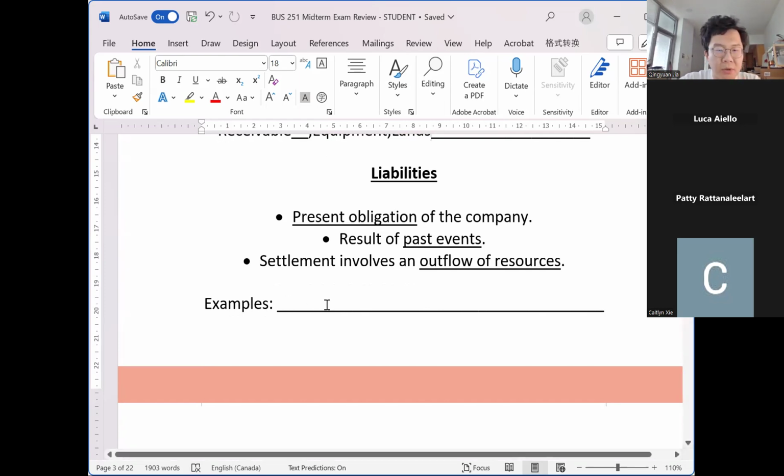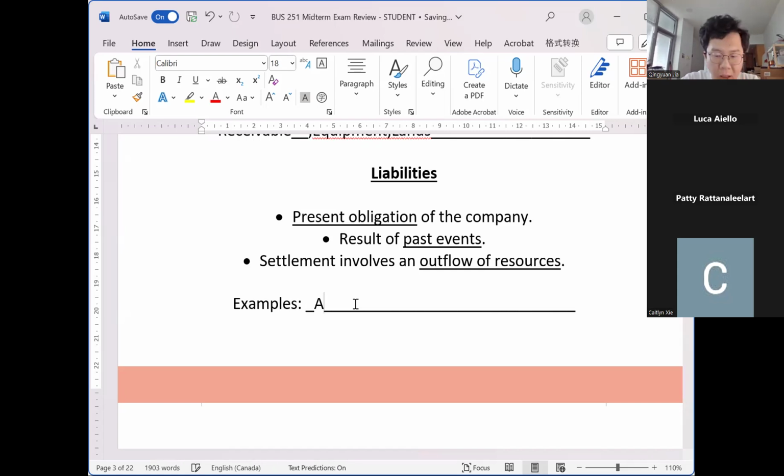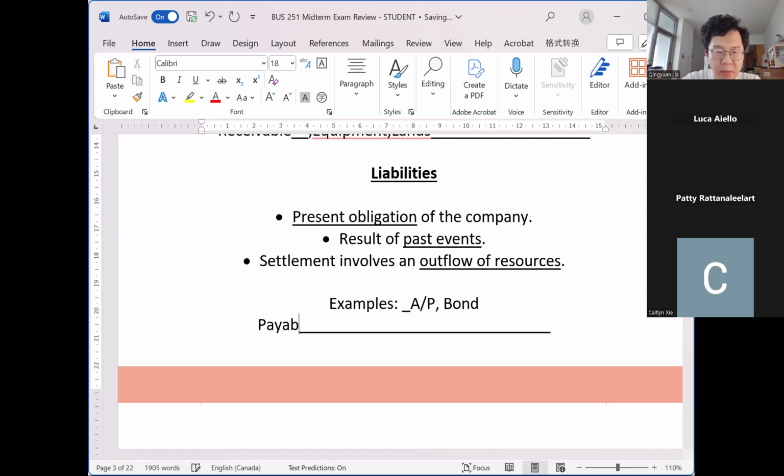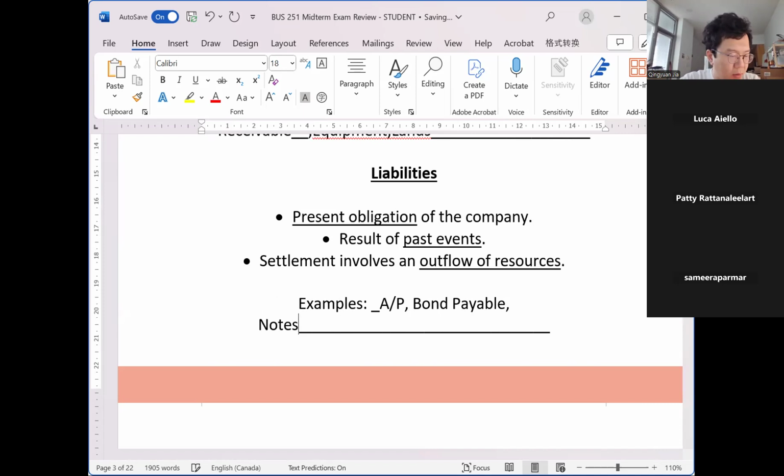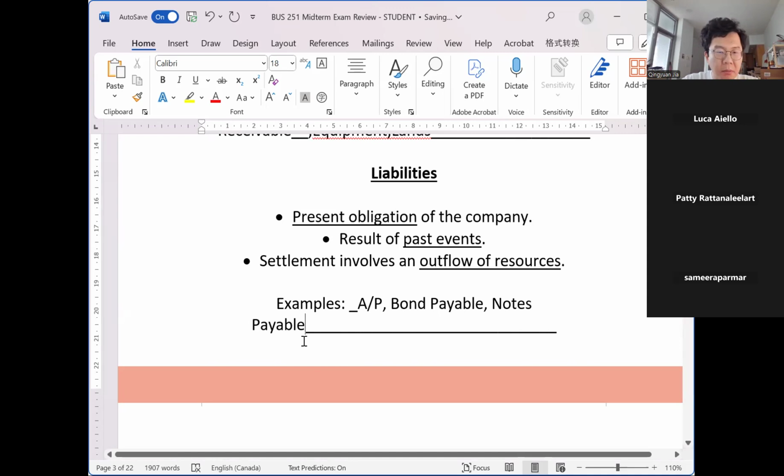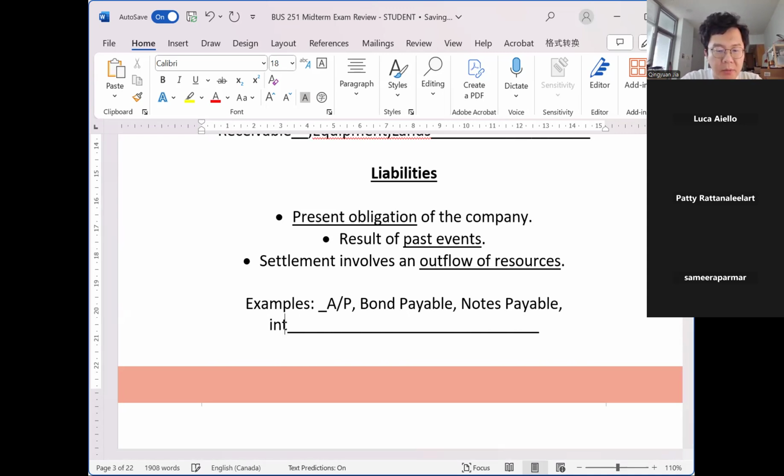For example, accounts payable, bonds payable, notes payable, interest payable.